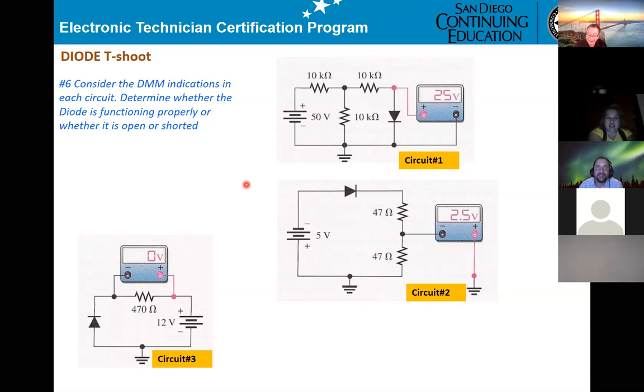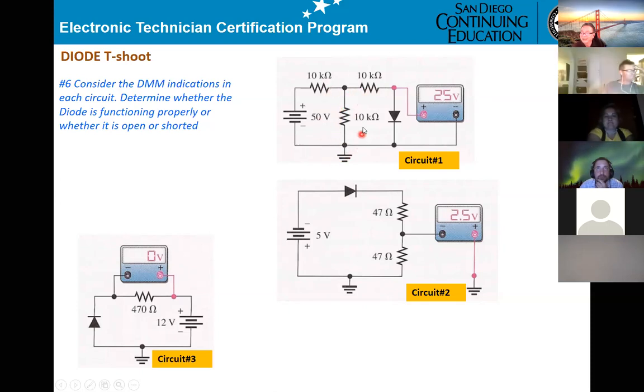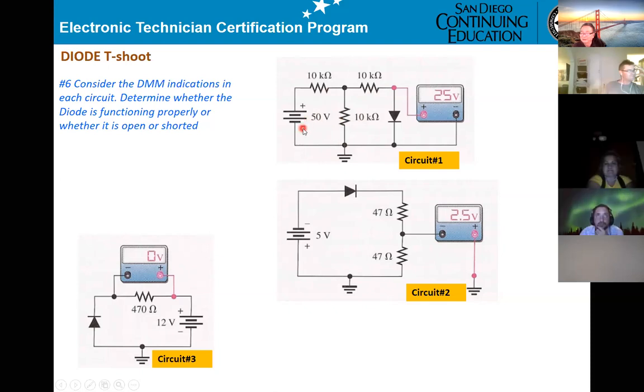No. Okay, now when it's open here, there's no current to the 10K. You're measuring across the diode, right? Then you measure across the 10K. Right here. And voltage divider. Voltage divider, 50 times 10 divided by 10. That's why you get 25.